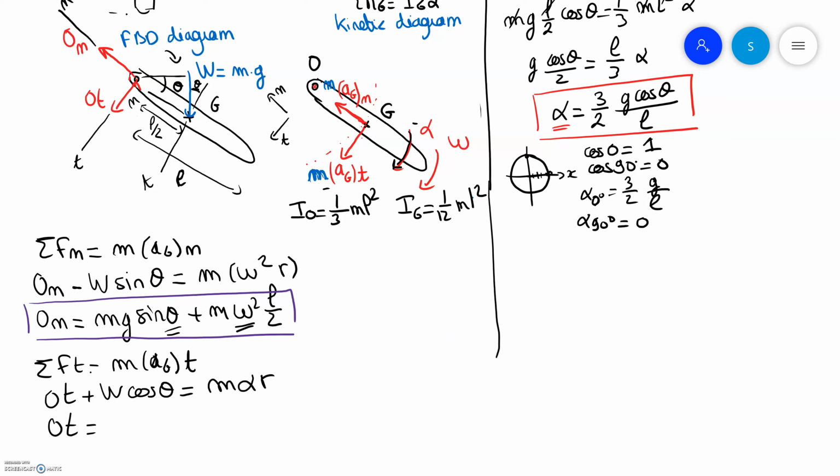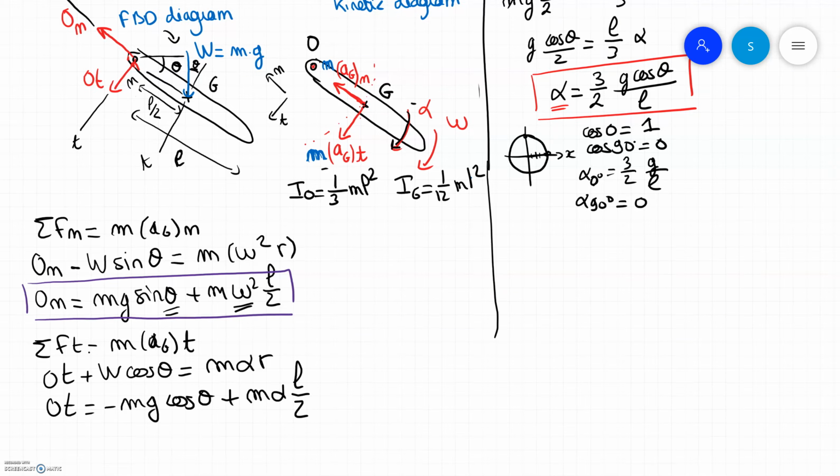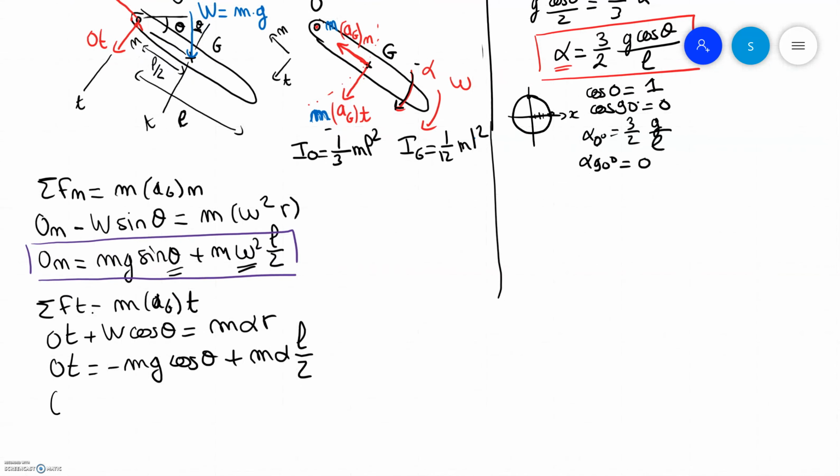So OT equals minus mg cosine theta, the W, plus m alpha L divided by 2. And here we have everything because we have alpha. So let's replace alpha. So OT is equal to minus mg cosine theta plus m L divided by 2, and alpha is 3 divided by 2 g cosine theta divided by L.